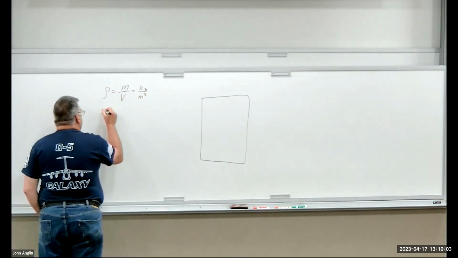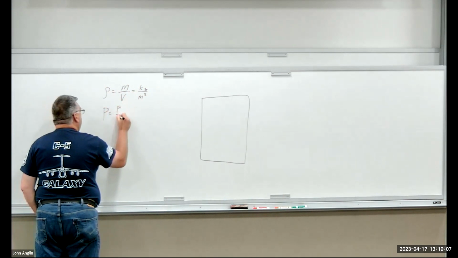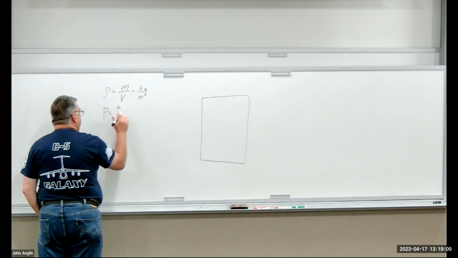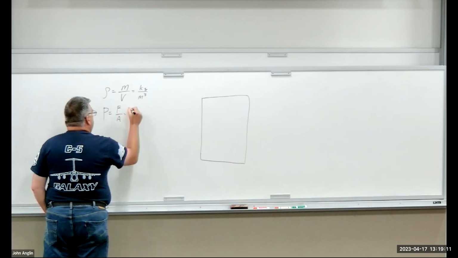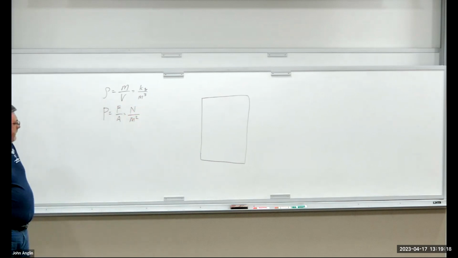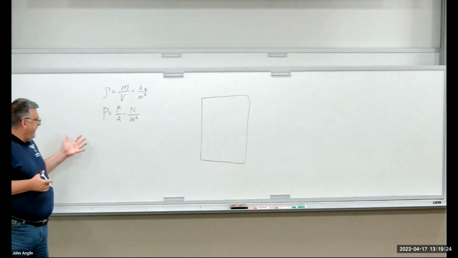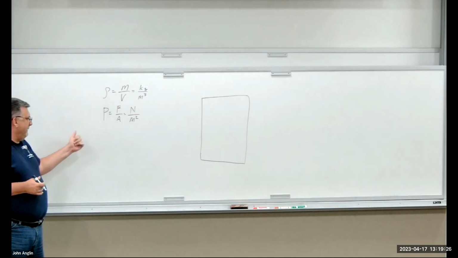The other thing that we're looking at is pressure. Pressure is force per unit area. Remember, our force is in newtons. Area is typically in square meters. So your density and your pressure. This is one of those weird things in physics where we use a symbol that's really, really similar, right?